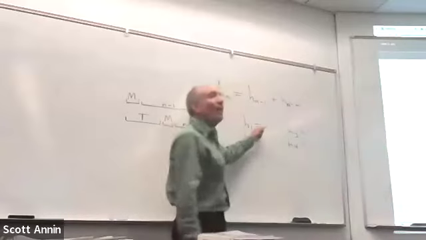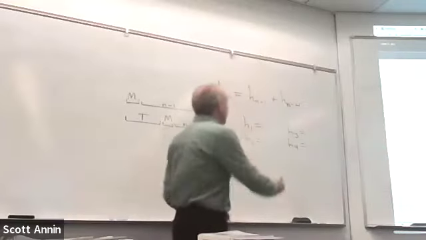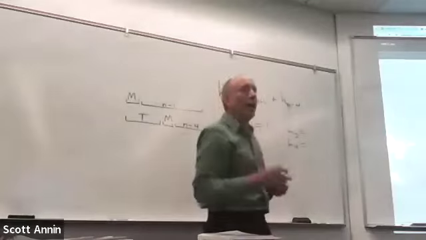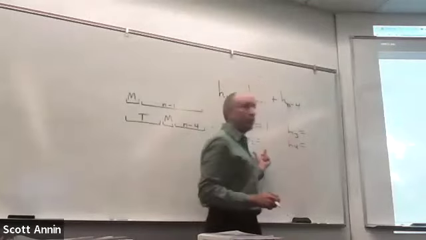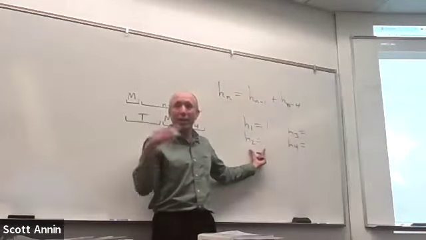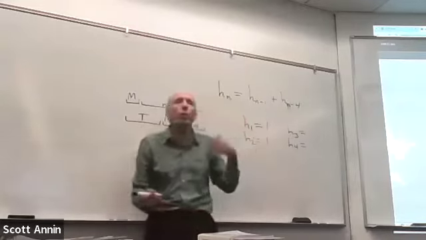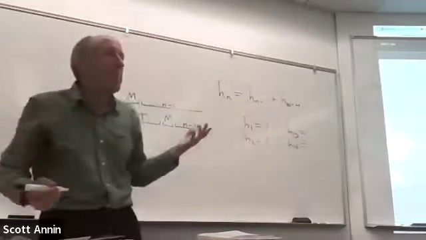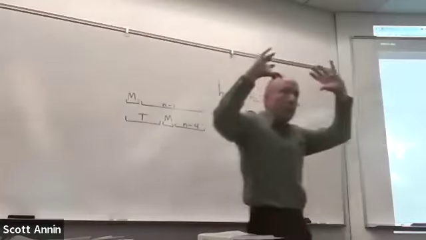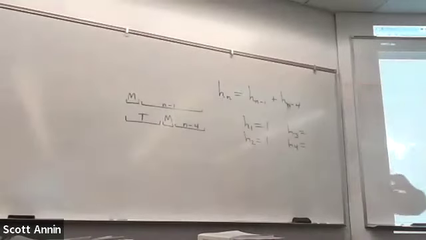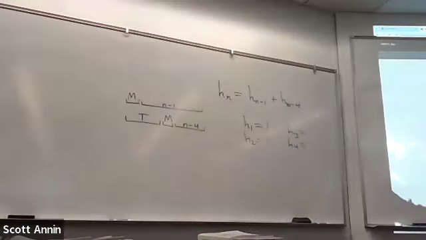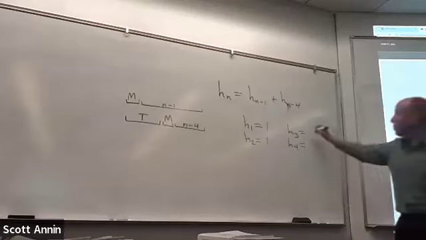So like H1, if I have a 1x1 board, there's only one thing I can do, just put a monomino there. If I have a 1x2 board, I still can't use the triomino, so I have to use 2 monominos. That's only one way to do that, right? As soon as I get to a 1x3 board, I could do 3 monominos or 1 triomino, so that would be 2 ways.